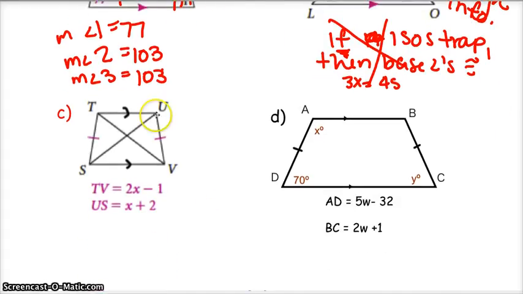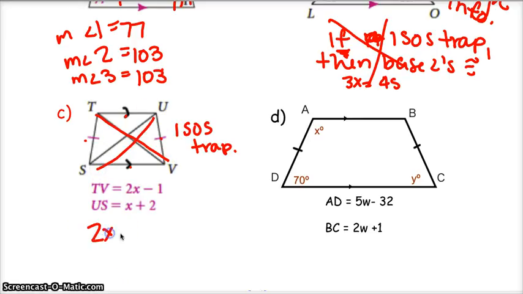Looking at letter C. So we have that it's marked, so we know that it's a trapezoid. The sides are marked, so it's an isosceles trapezoid. In an isosceles trapezoid, we have 4 or 5 different properties here. So let's see what they gave us. TV is a diagonal and SU is a diagonal.